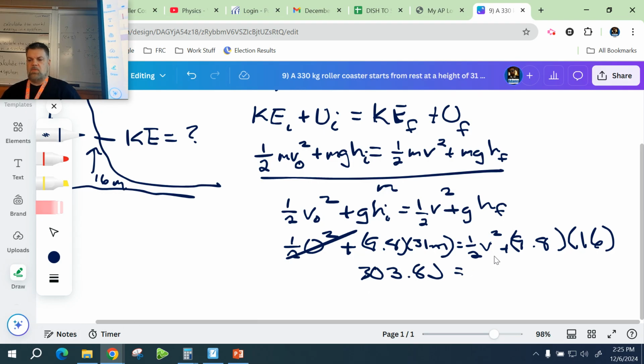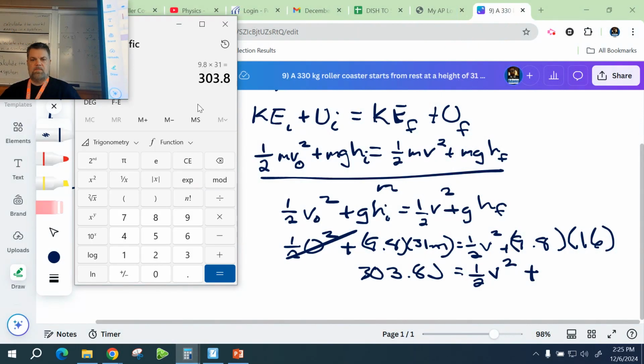And that is equal to 1/2 times the velocity squared plus 9.8 times 16. So we got to plug that in our calculator. I clear that out, and I'm going to say 9.8 times 16. That's my final height.